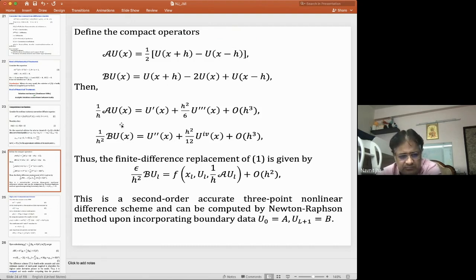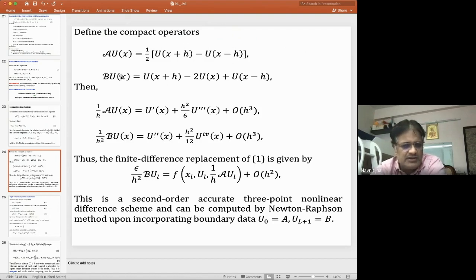So if we ignore the h square terms, then these two formulas are basically giving you the approximation of first and second order derivative. We can apply it in a computer program.